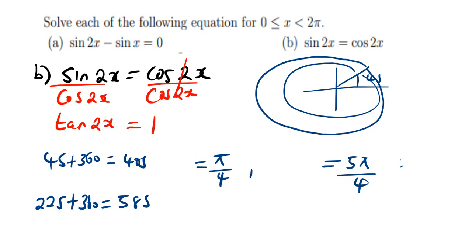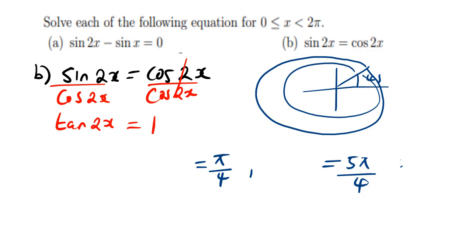I've used the calculator just to be fast on that one. So now we've got 45 and 405, and we also have to convert into pi, in terms of radians.